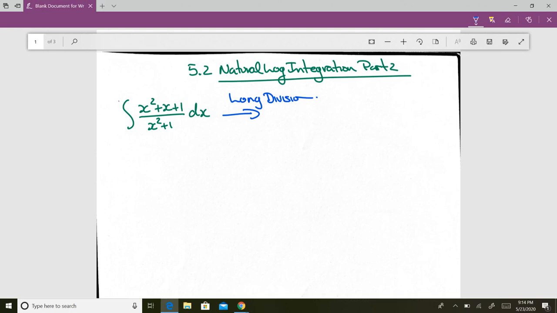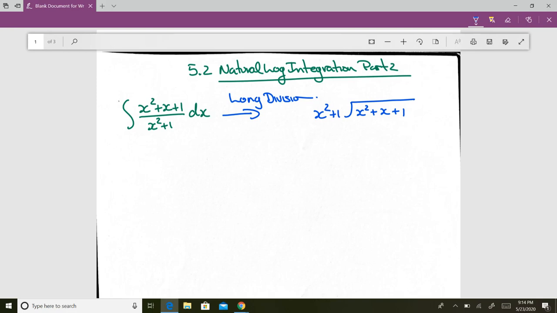And so we have to do long division because the bottom is non-linear. So you can't use synthetic, i.e. it's a degree 2. If it was x plus 1, you could do synthetic division and it would work. But it's non-linear, it's a quadratic, so we have to do long division.